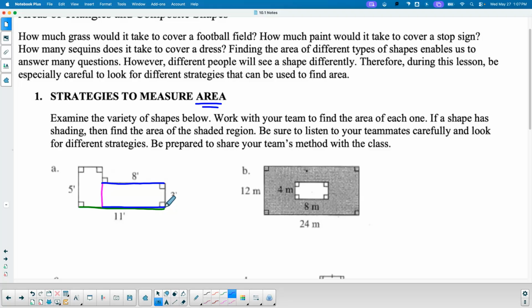So now I've got a length and a width for that rectangle. If that blue length down here is 8, what is this red length right there? 3, right? Because it's 11 all the way. So that's my width. There's my length. So now we can find length times width, the area of a rectangle.